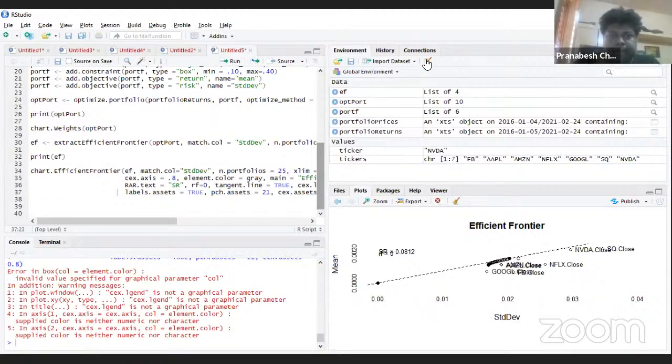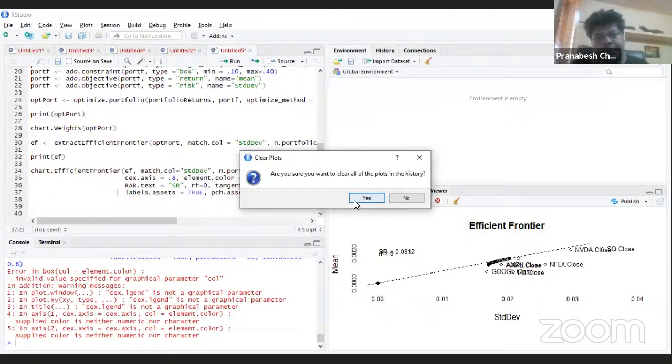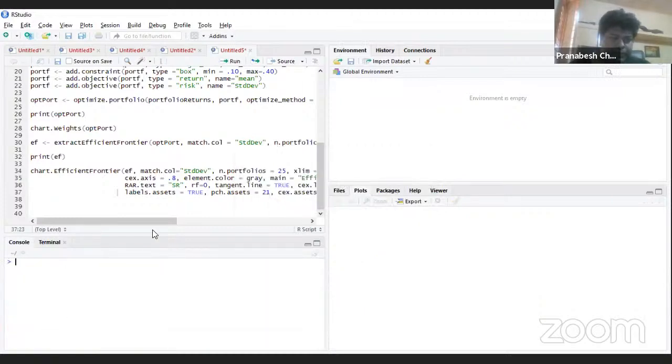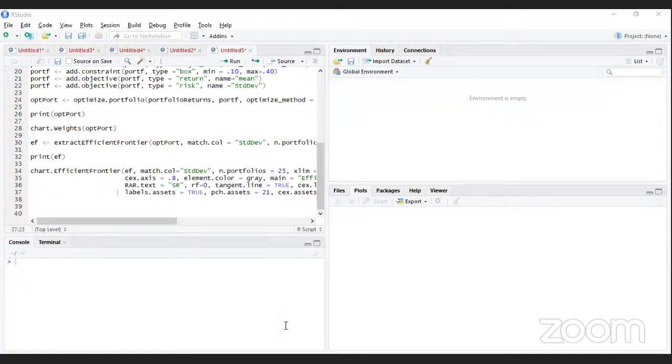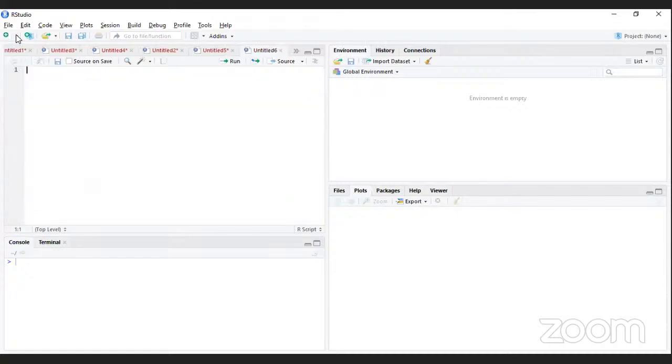So let's talk a bit about the different types of constraints we are having. Let me open another one.